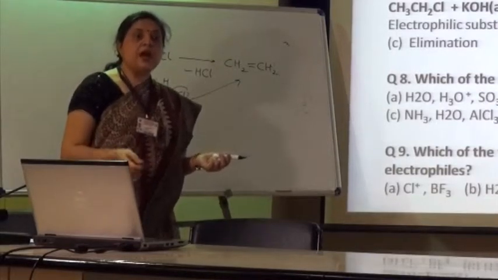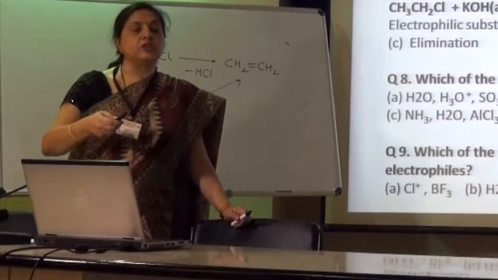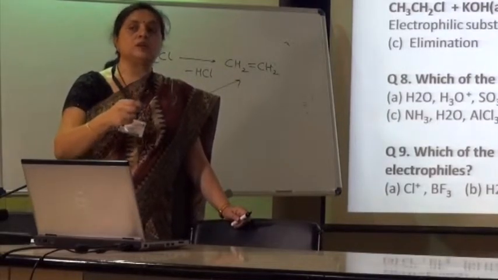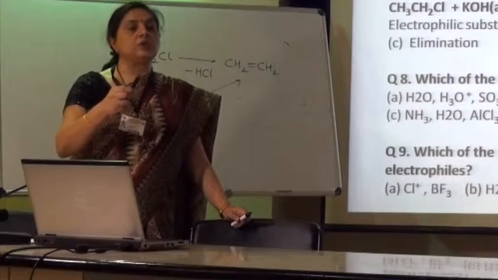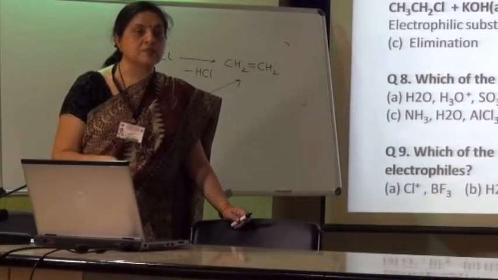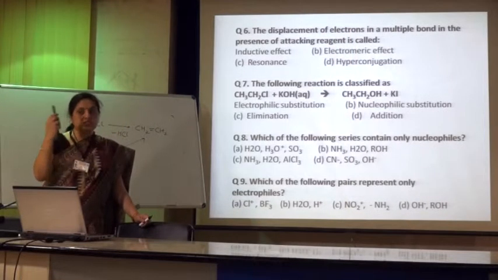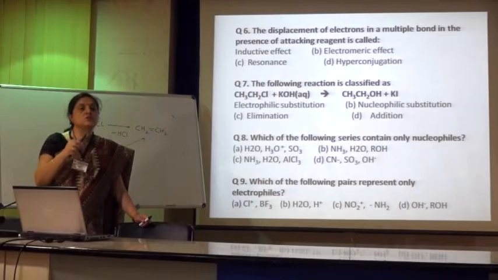Is it clear? And for an example of electrophilic, yesterday in the lecture I talked about how we carry out nitration of benzene. There I told you it was NO2 plus, a positively charged species, or in Friedel-Crafts reaction we are taking alkylation, acylation.